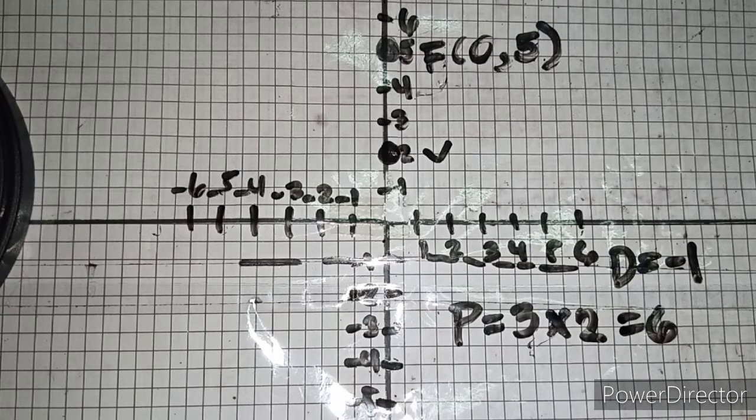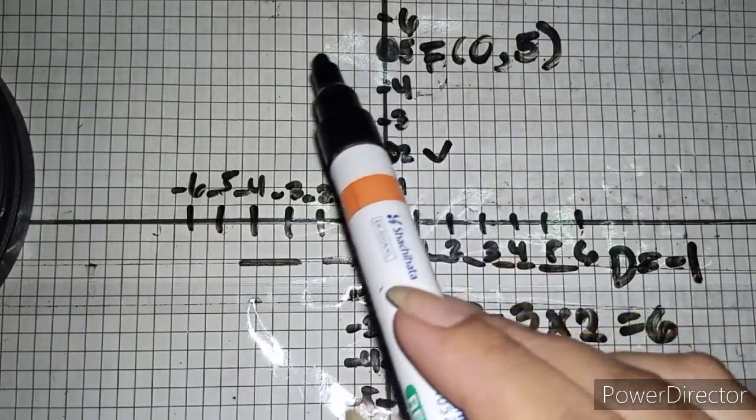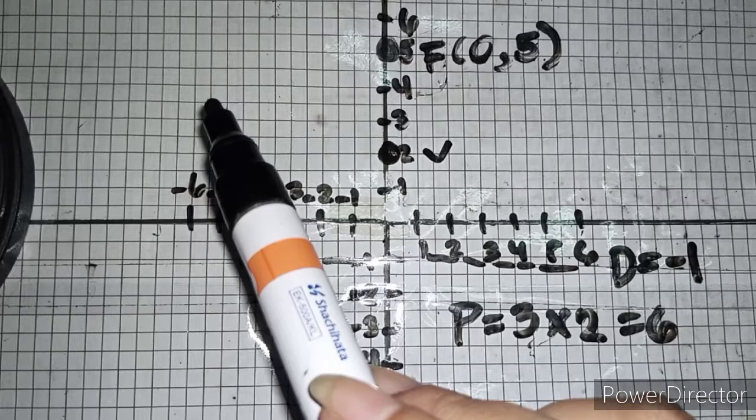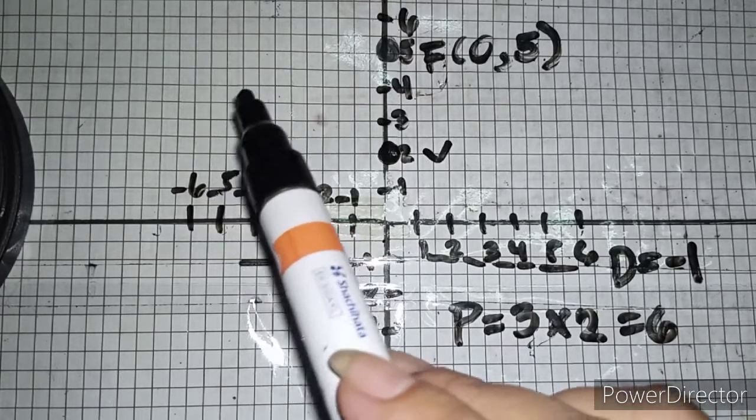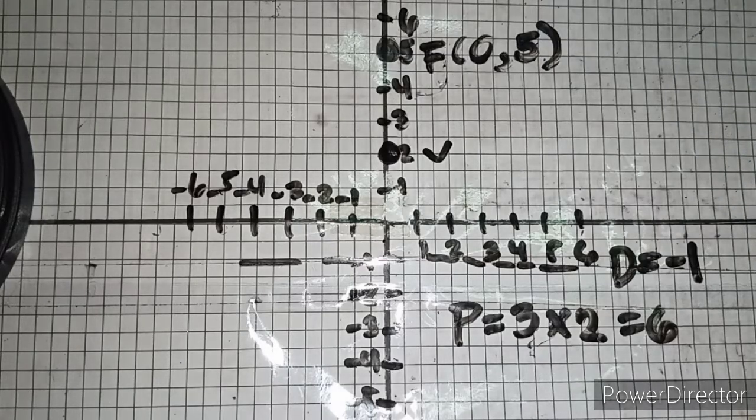Then, let's go back to our definition regarding the endpoints of the latus rectum. The distance from the focus going to the first endpoint of the latus rectum is equal to the distance from the focus to the other side. So, this 6 that we got is the distance from the focus going to the first endpoint of the latus rectum and the second one.